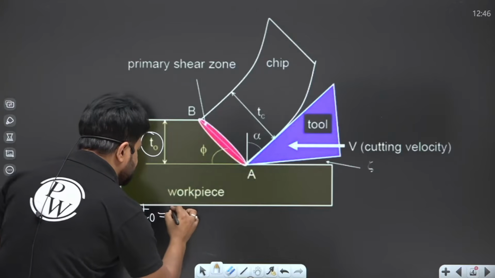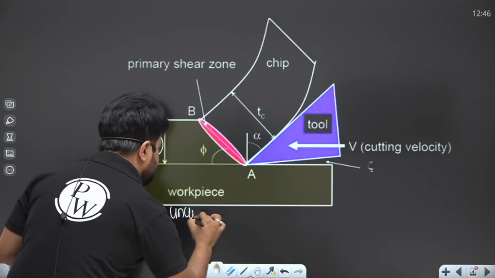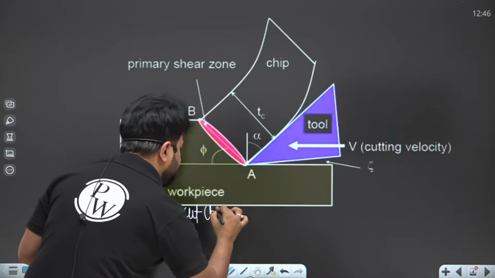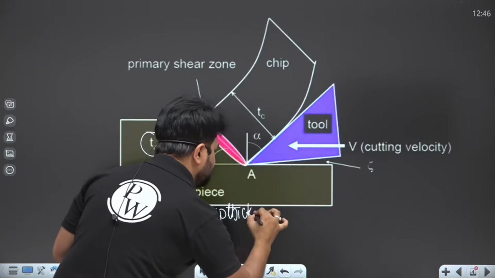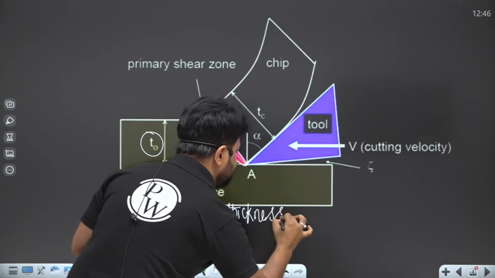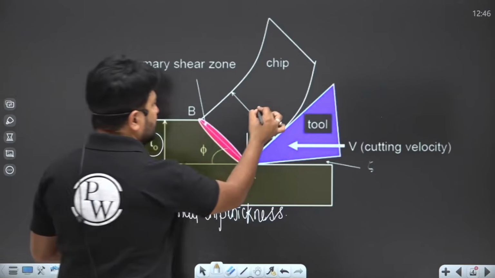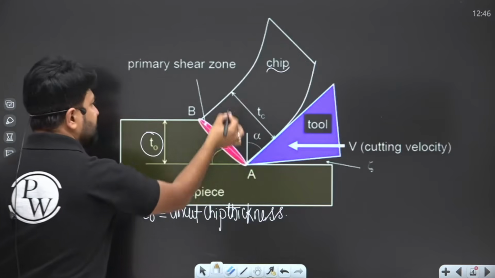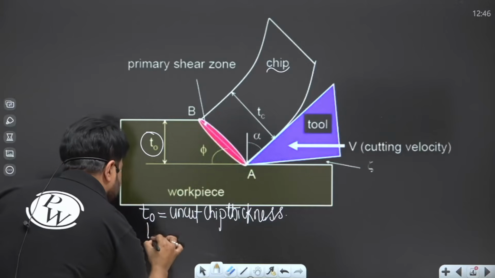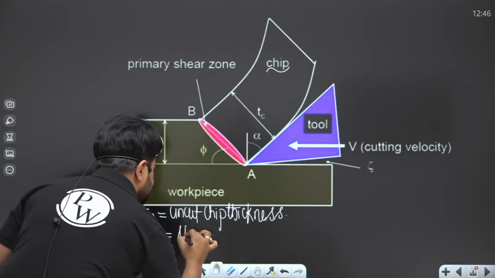Now tc, that is the thickness of the chip. So here tc is the thickness of chip.